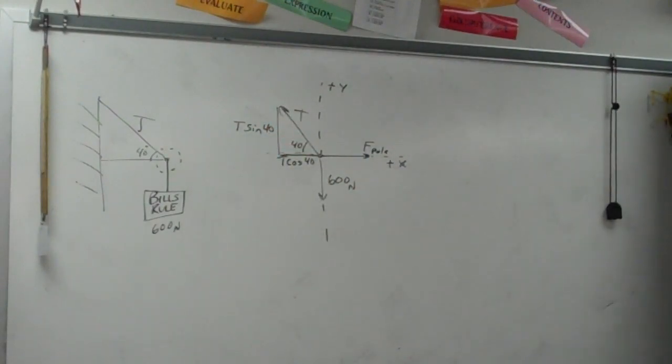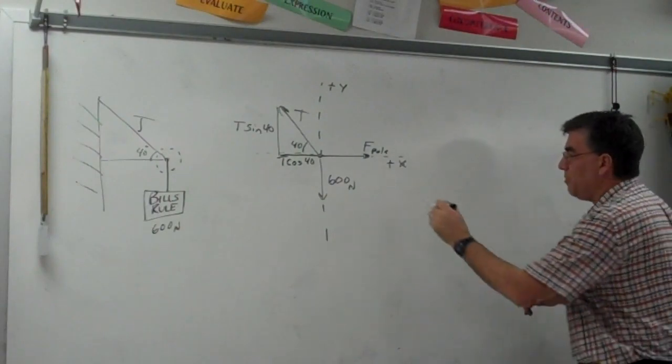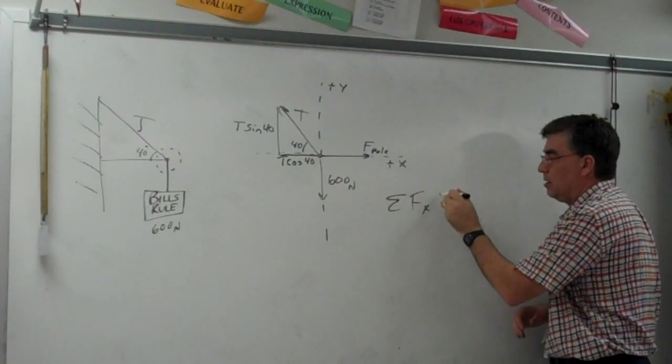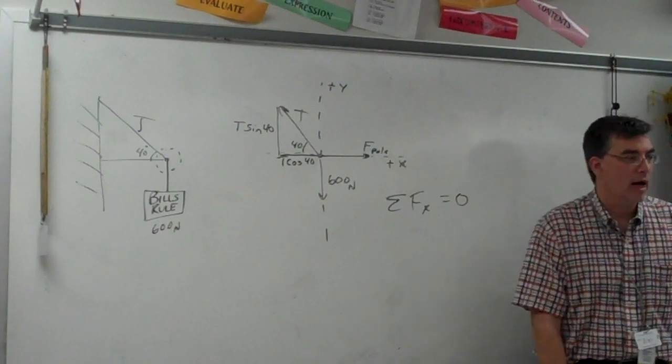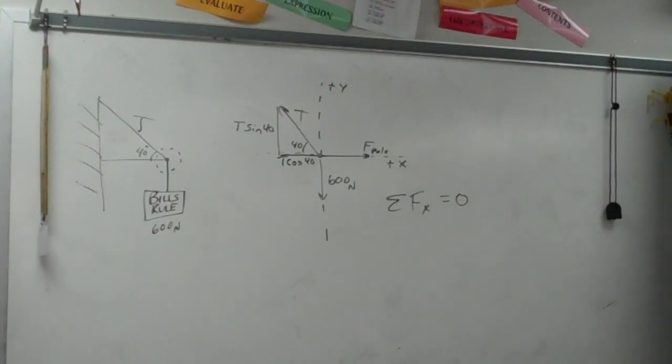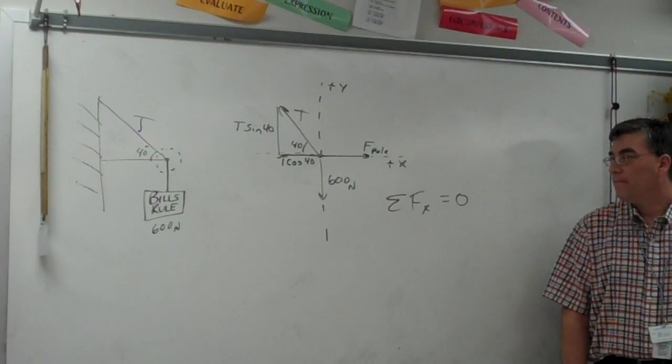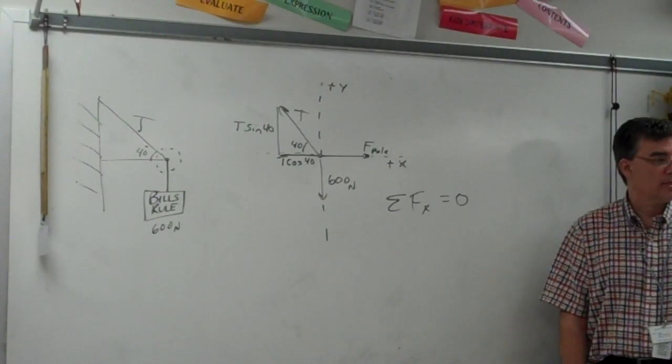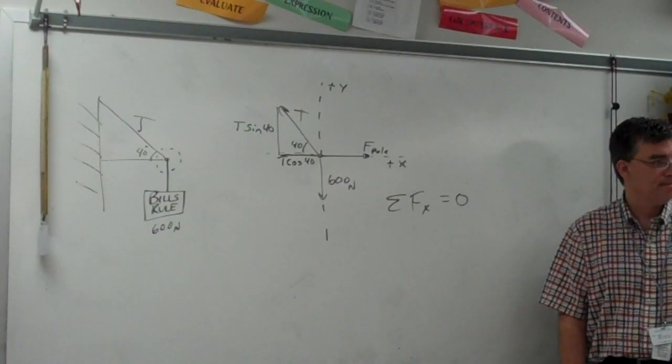All agree? Next step is I can write my conditions of equilibrium. Now you're going to find here, if I start with the x, tell me what to write. Miss Arteaga, what do I write? For the x, the sum of the forces. What are the forces in the x?